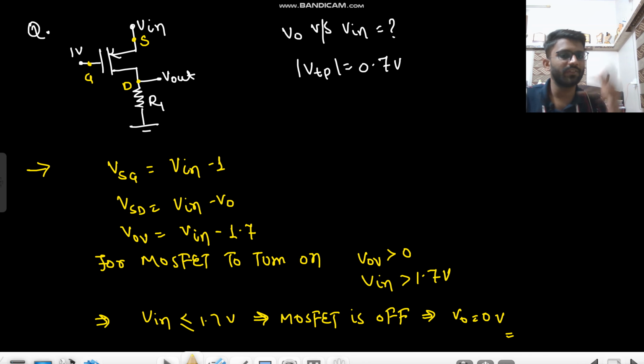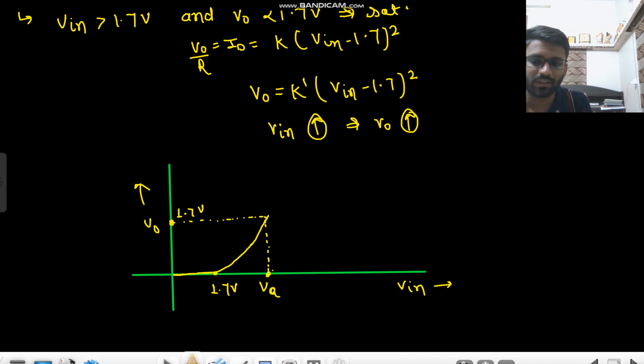So effectively your VSD will increase, and your VSG will also increase, because your V in is increasing. So the current will increase, it will keep on increasing like this. The curve goes like something like this.